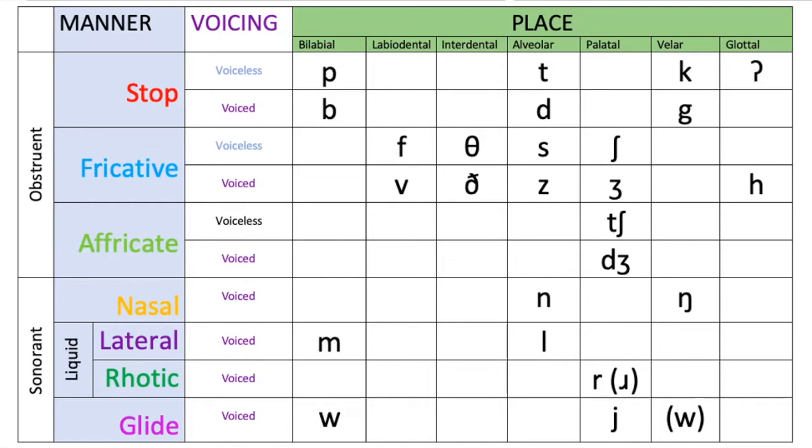Then you've got the palatal, and this is where the tongue blade or the body is near the roof of the mouth, and it provides sounds like the sh or the y. So you can feel it's the tongue blade near the roof of the mouth.